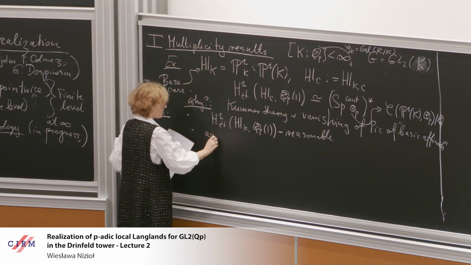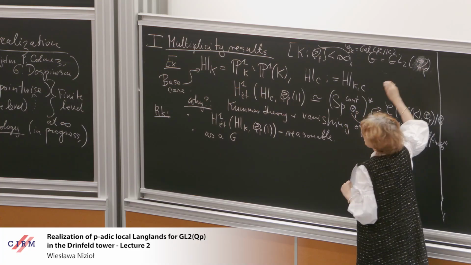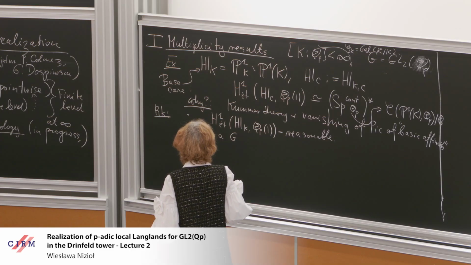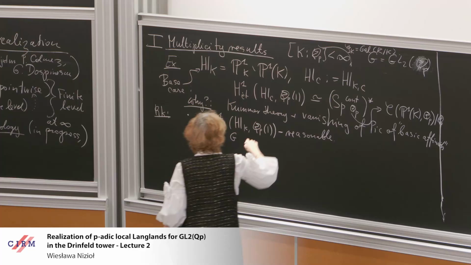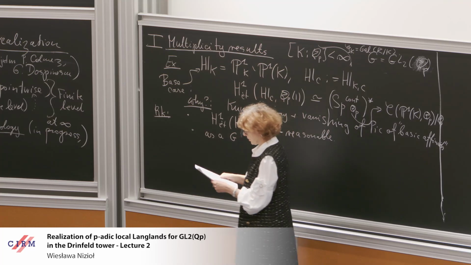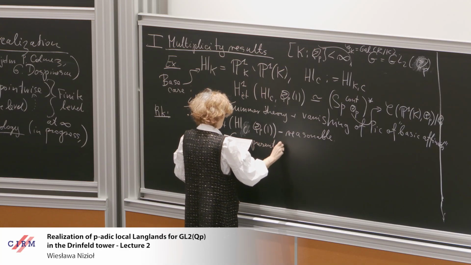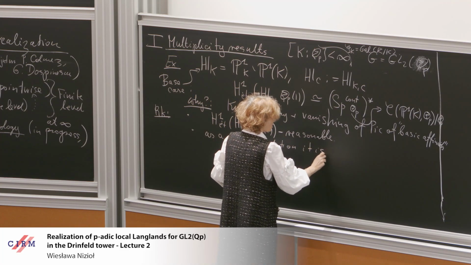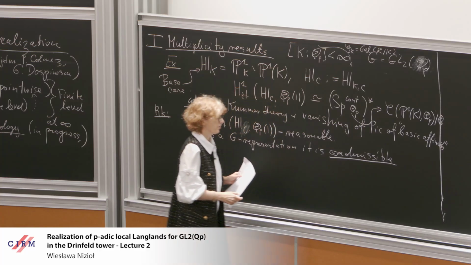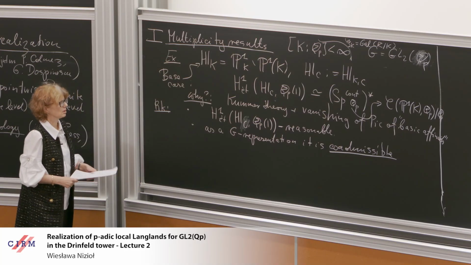And now as a G representation, it is co-admissible, which in the language of Schneider-Teitelbaum means that admissible means there is some finiteness condition with respect to the Iwasawa algebra.